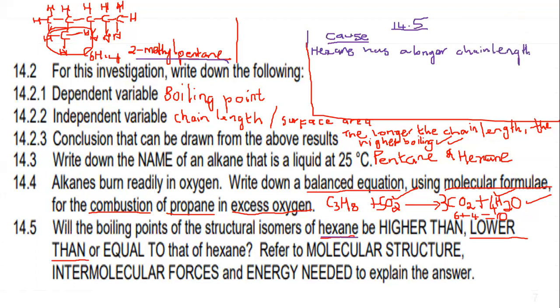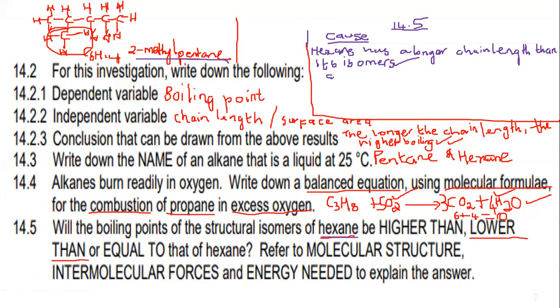So I'm not just saying it has a longer chain length. You have to explain thoroughly that it has a longer chain length than its isomers. If you omit that, my dear learners, we can't give you a mark because remember here, you are doing a comparison. So you have to show that it is something between hexane and its isomers. So it must be very clear.